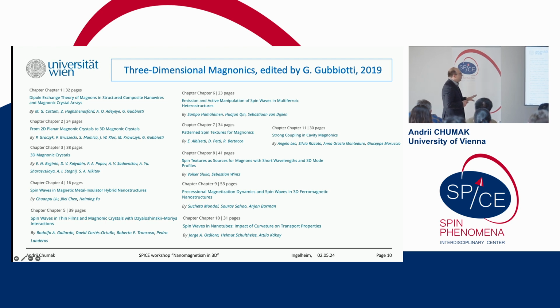I don't want to read it here, so maybe only for people who were not at this workshop, I would mention Maciej Krawczyk, who presented 3D magnonic crystals theoretically studied already 15, 20 years ago. And I think like months ago, there was a publication where it's all realized, there's material, there is also experiment. And I think many of the other chapters' results already were presented at this workshop in one way or another.